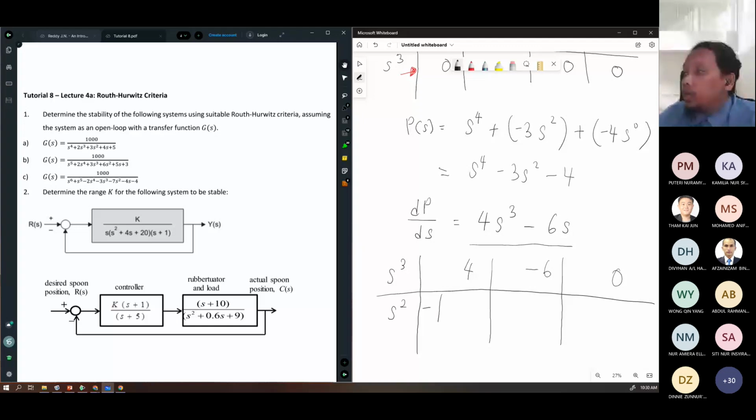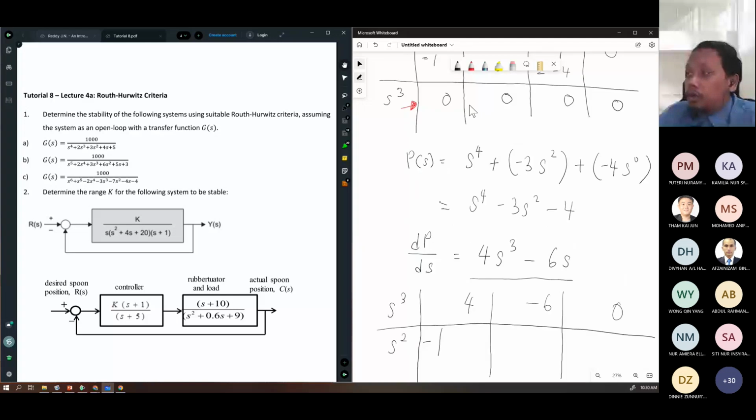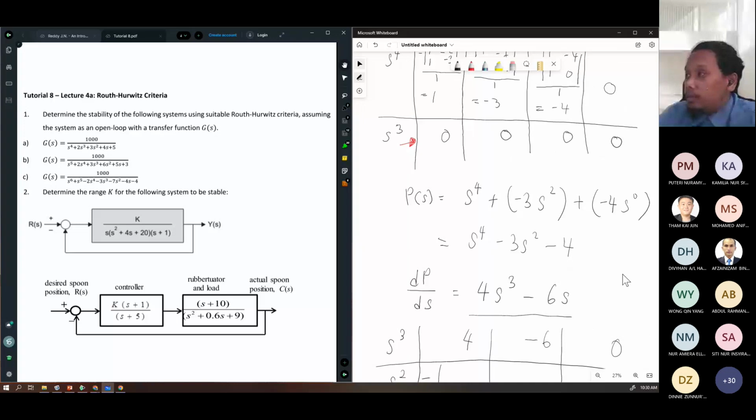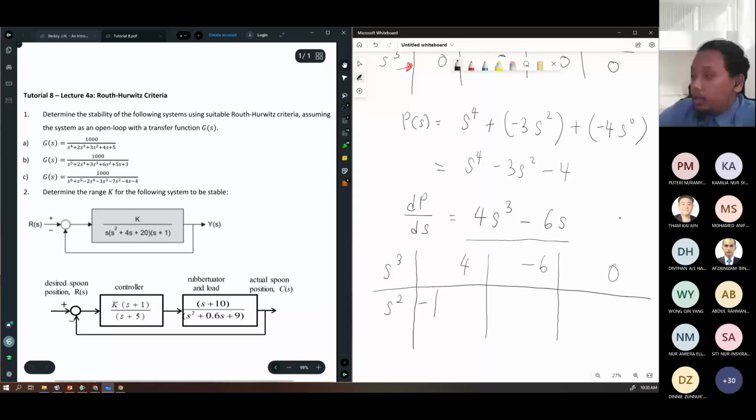So ignore this row of 0 here. So we use row S4. So we have 1, 4, -3, -6 over 4.